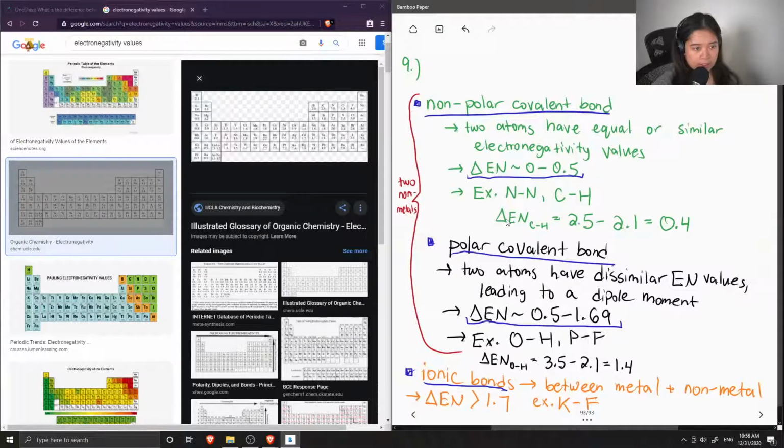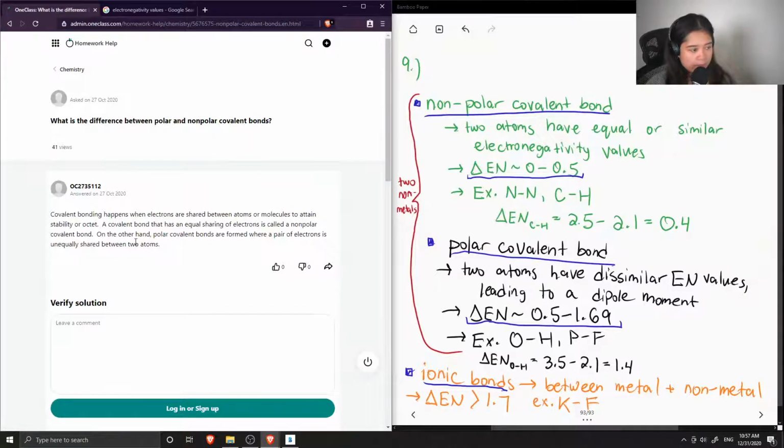Okay, so that's just a little disclaimer. That's why these ranges are kind of averaging out, because sometimes you might have two nonmetals, but their difference in electronegativity is like 1.71. It wouldn't be considered ionic because it was two nonmetals.